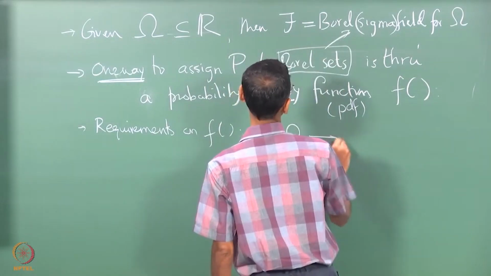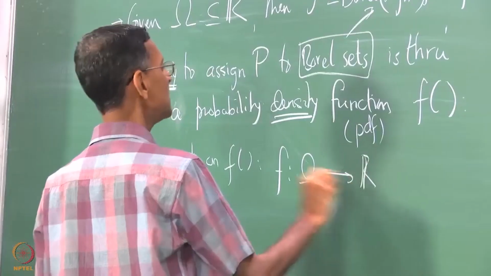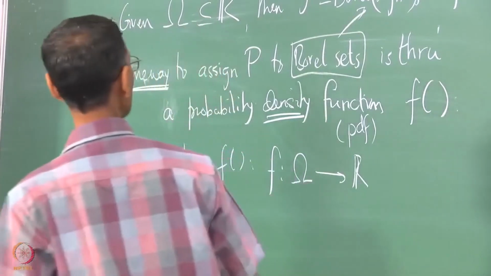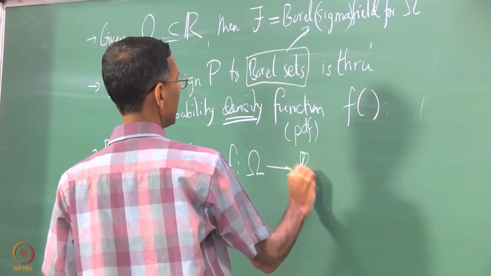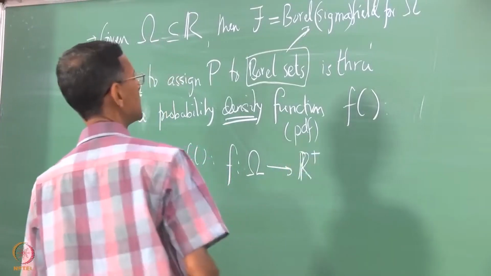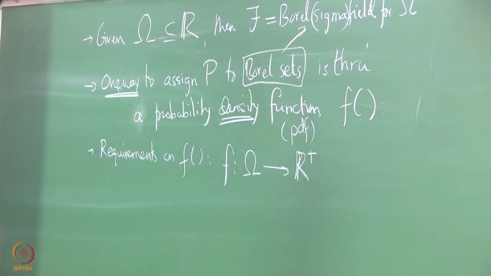Minimally it must map, right, it must be defined for all points in omega, right, and this R plus is sometimes a notation used for non-negative real numbers, right.